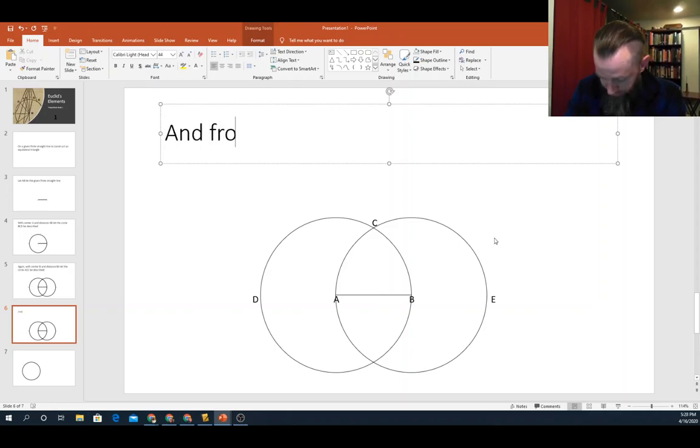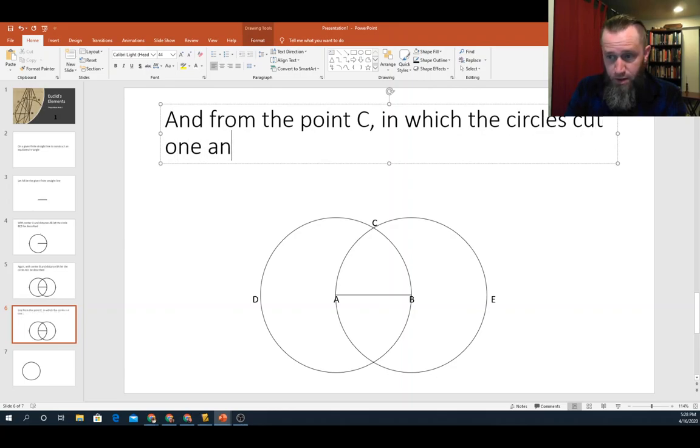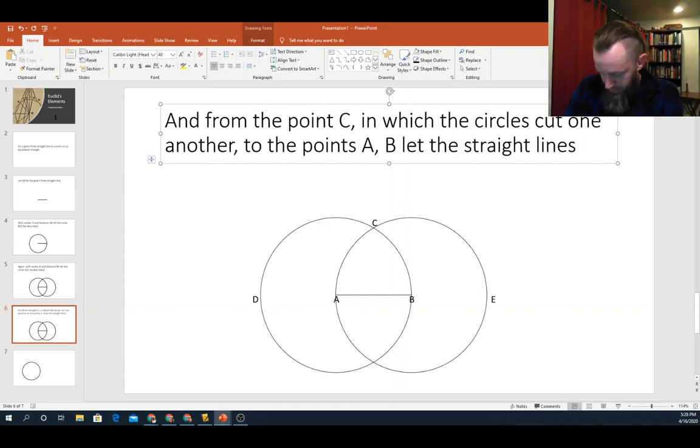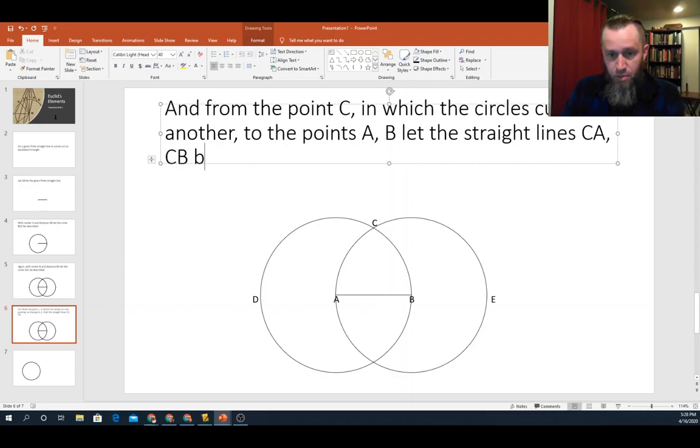And from the point C, in which the circles cut one another, see where they intersect with each other, that's what he means by cut one another, to the points A and B, let the straight lines CA and CB be joined. Okay, so we can do that.